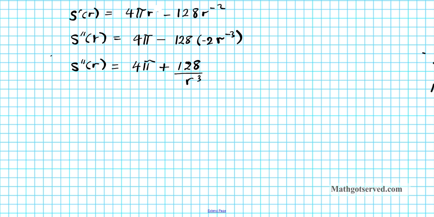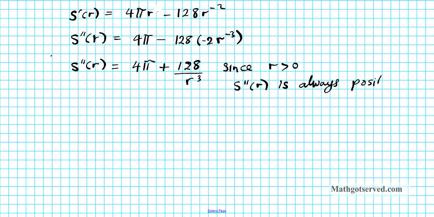Okay, so just by looking at this, what can we conclude? Just by looking at this function, you notice that for our domain constraint, r is always bigger than 0. So since r is always bigger than 0, if we plug a positive number into this expression, S double prime is going to be positive. Since r is greater than 0, S double prime of r is always positive.